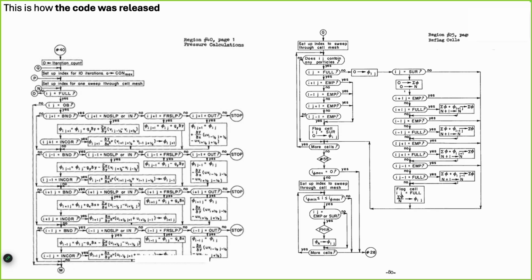What Harlow and Shannon and people, Harlow and Welch, did in this report was provide a full computational code for solving Navier-Stokes. On the left-hand side, there are some boundary conditions, some discrete operators for partial differential equations, for the pressure field. On the right-hand side, you have some, what is that?